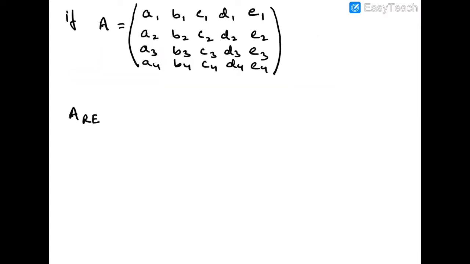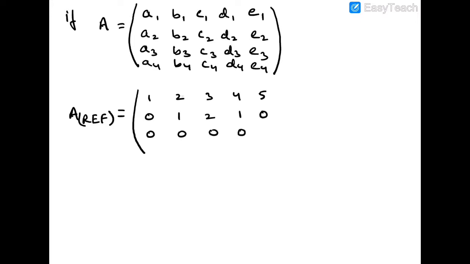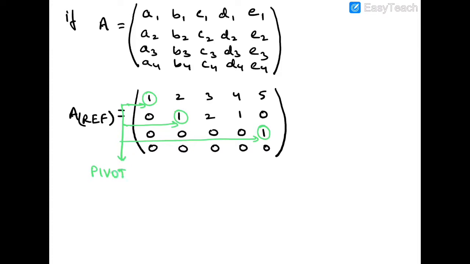Now if A be any original matrix and its REF is 1 2 3 4 5, 0 1 2 1 0, 0 0 0 1 0, 0 0 0 0 0. Then 1, 1 and 1 are the leading entries for row 1, 2 and 3 respectively.